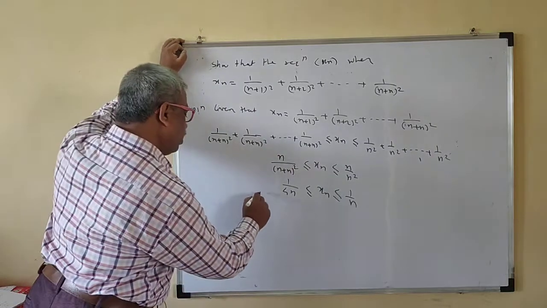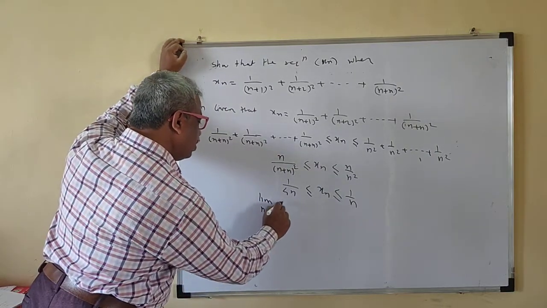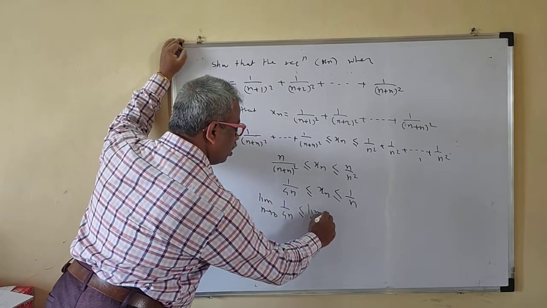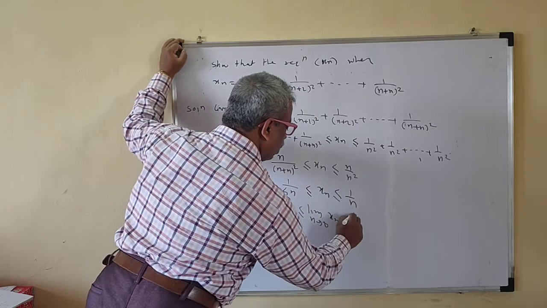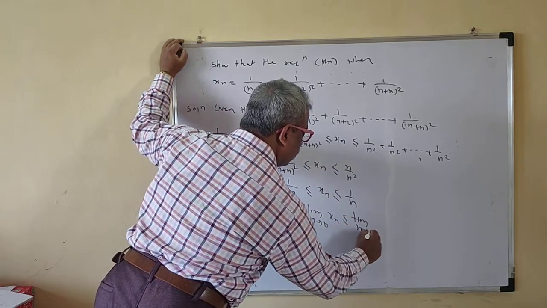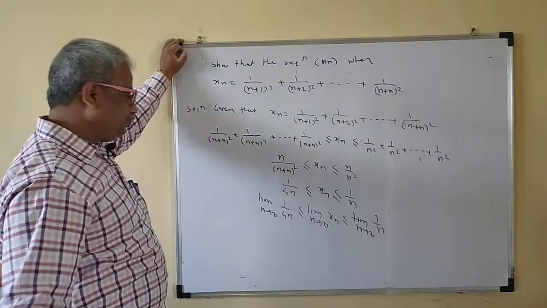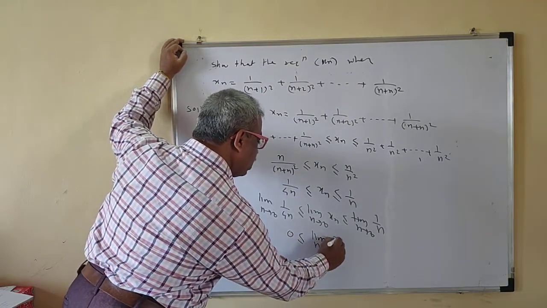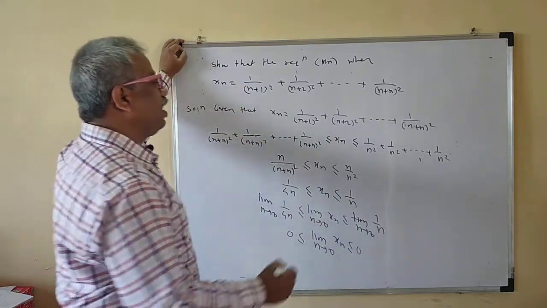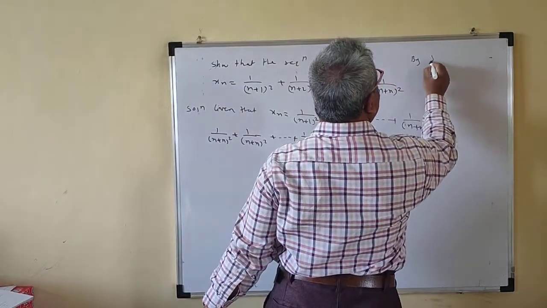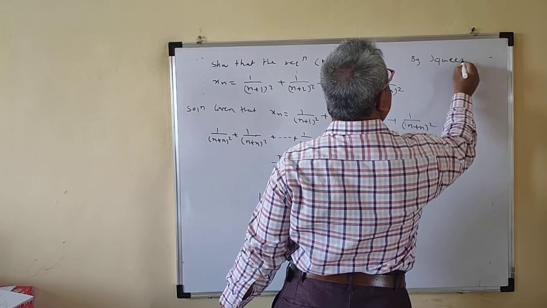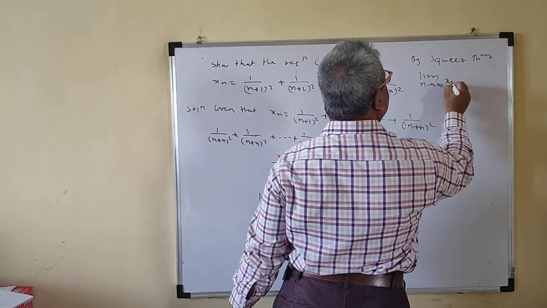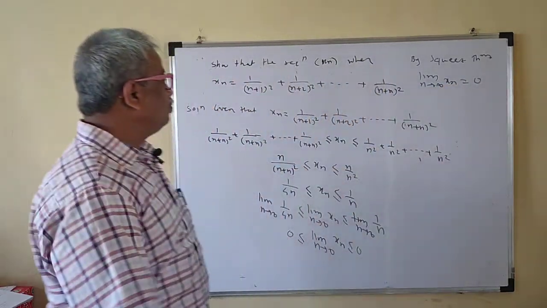Now take the limit as n tends to infinity of 1 upon 4n, which is 0, and the limit of 1 upon n, which is 0. So 0 is less than or equal to the limit of xn, which is less than or equal to 0. So by the sandwich theorem, the limit as n tends to infinity of xn is equal to 0.